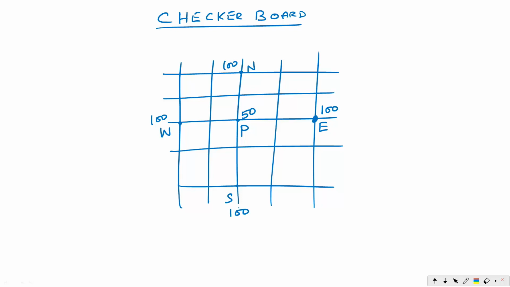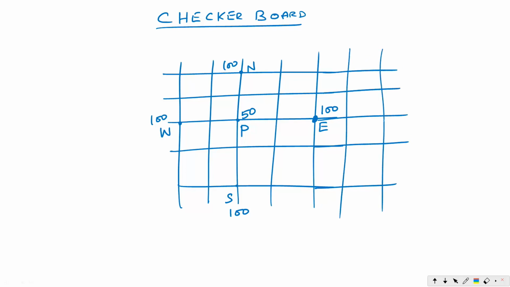If I am going to extend this one, this node is called EE, that is the node on the eastern side of the E node, which is once again 50. So you can now see the alternate arrangement.